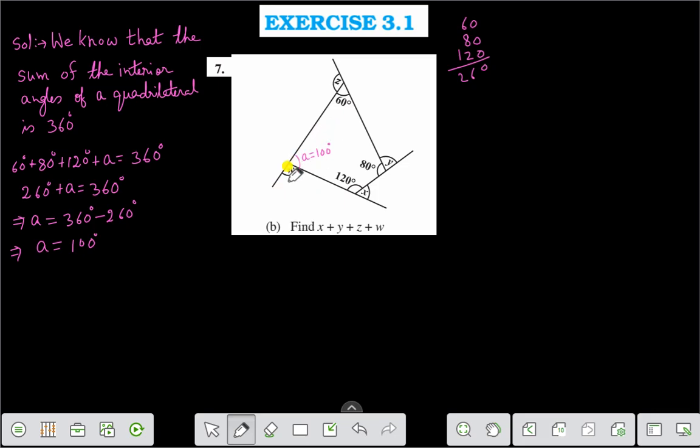Now this one you see, this is a linear pair, that is a plus w is equal to 180 degrees, right? Or 100 plus w is equal to 180 degrees because it is a linear pair.